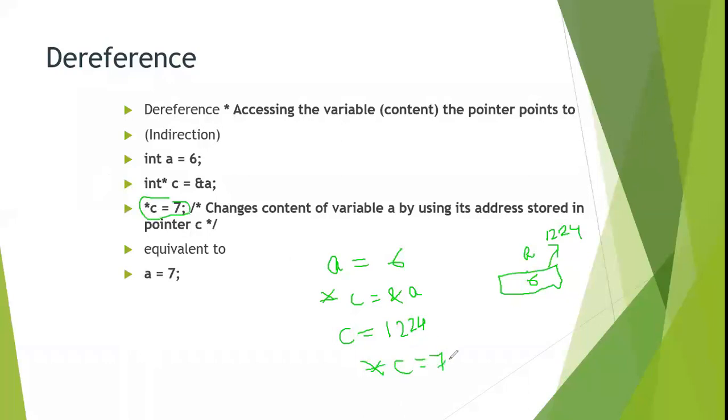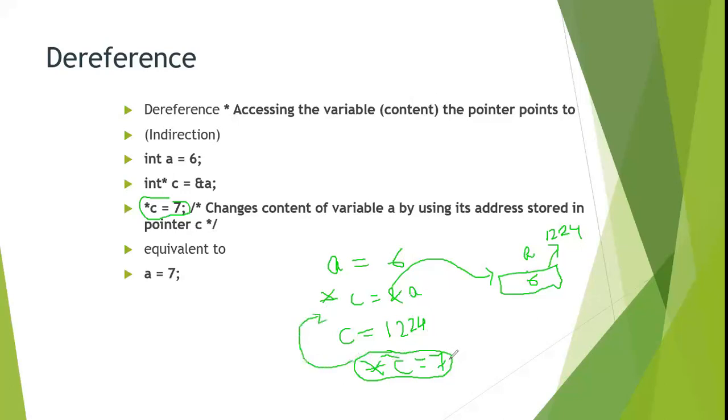Now what does this mean? This means that pointer c is pointing to a variable, whichever variable c points to, and we have to replace that variable's value with 7. So what will happen in this case? As soon as I write this command, my compiler will check whom my pointer c is pointing to. That is a.